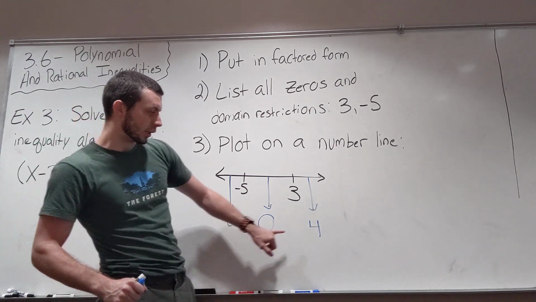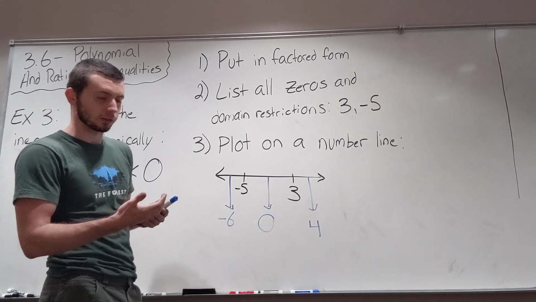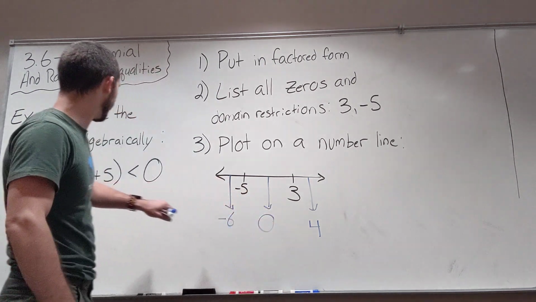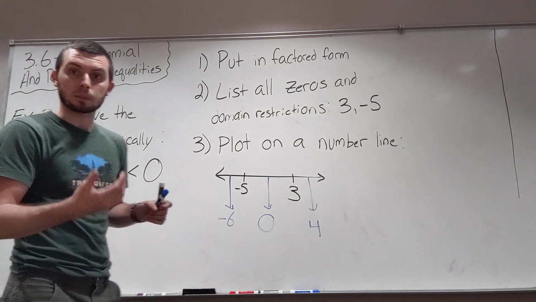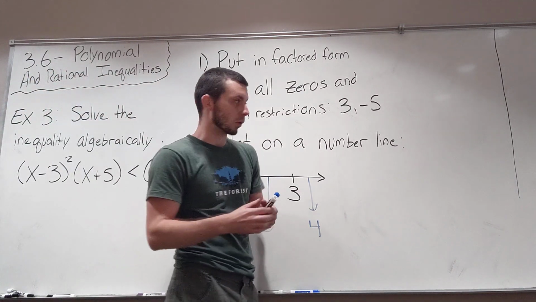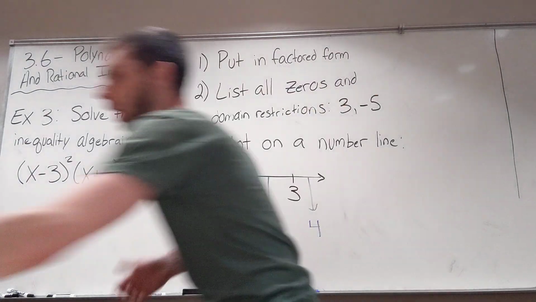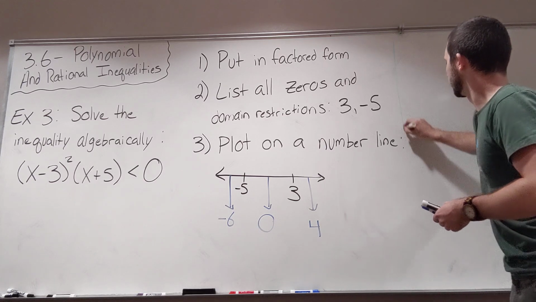So we get the 3 test points, and for this method, it's a matter of plugging each one of these into the original function and seeing whether we get a positive output or a negative output. It's a lot of just plugging in numbers and seeing what happens. So we'll go ahead and do that.